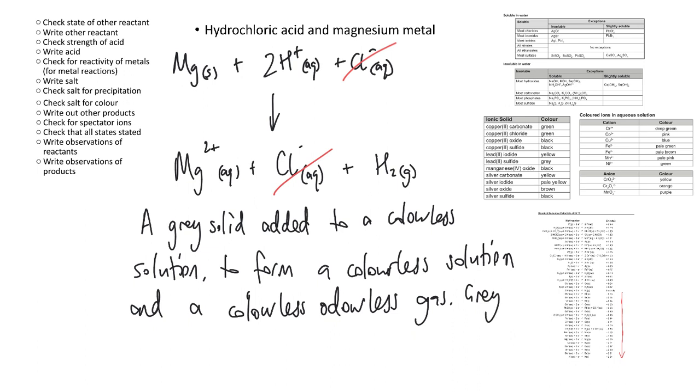Gray solid dissolves. You should always say if the gray solid dissolves, if the solid at the beginning goes away. So that's that one here.